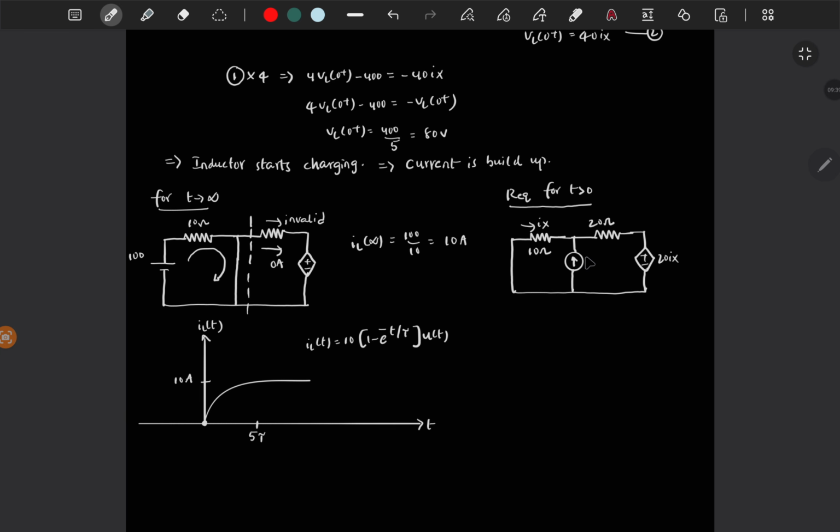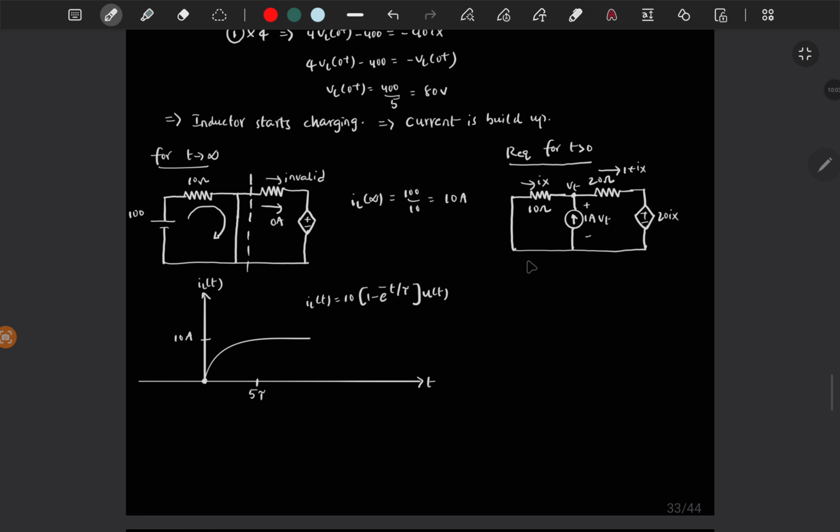So the simple way is to apply a test current of 1 amp and find the voltage across the current source, which is Vt. So since it is 1 amp and Ix is coming through here, 1 plus Ix current will flow here, and this node voltage is Vt.